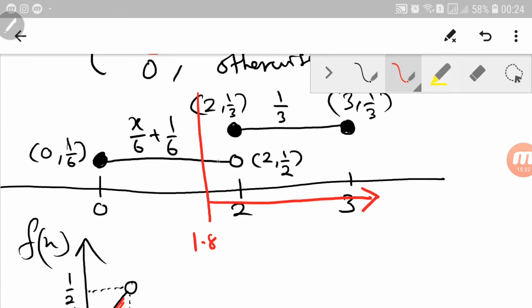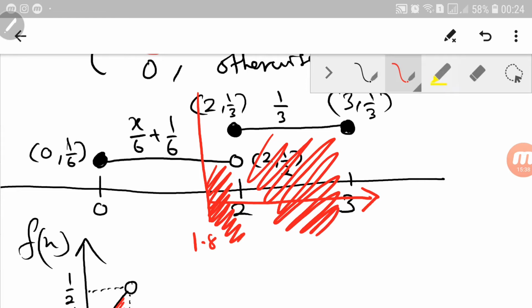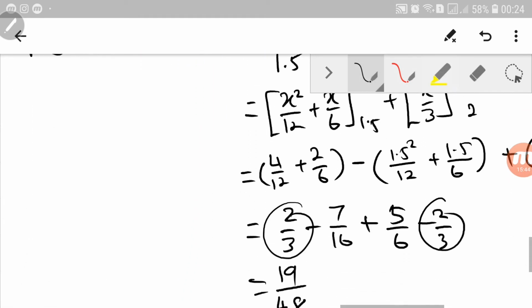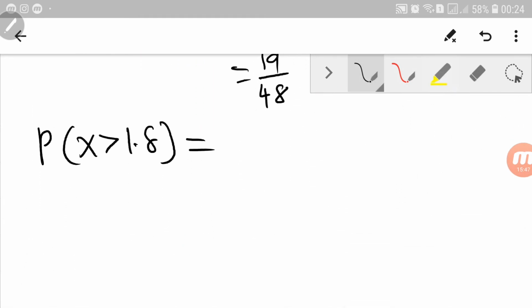As you can see here, there are two different intervals involved. So rather than doing this, it is better and smarter if we get 1 minus the probability of x less than 1.8.